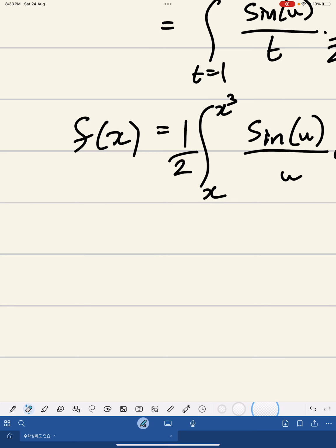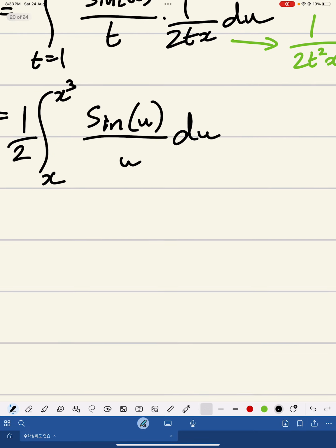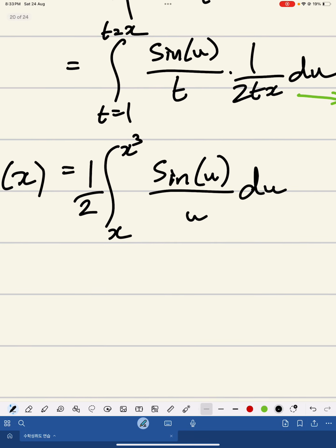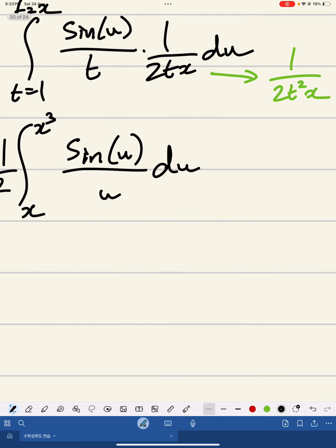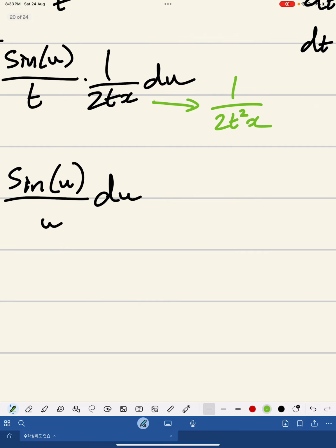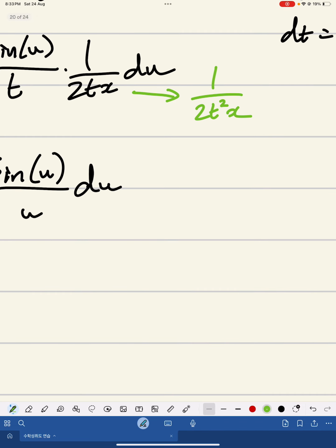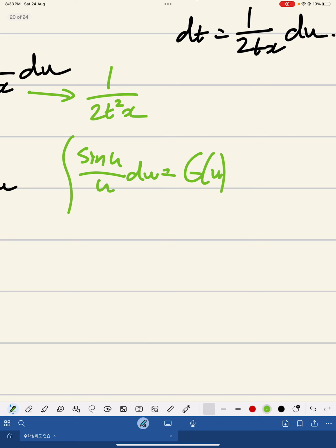So I will differentiate this, and now we can use the method that I like teaching to my students. Let the function inside be another function. So let's let the integral of sine of u over u du be capital H of u.